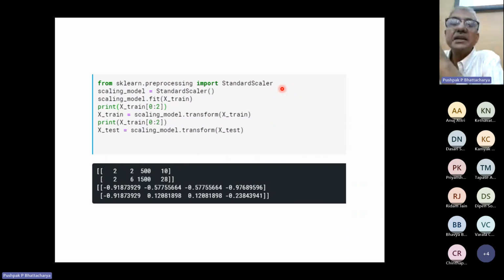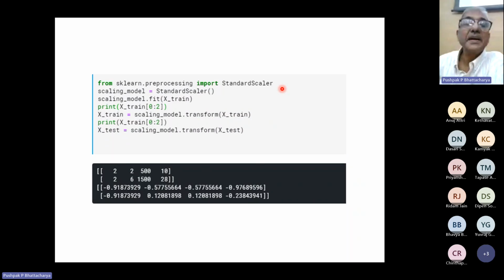So typically what is done is that you would use the standard scalar to subtract the mean and divide by the standard deviation. So some kind of normalization you do on the attribute values so that these attributes do not have this mutual dominating effect.